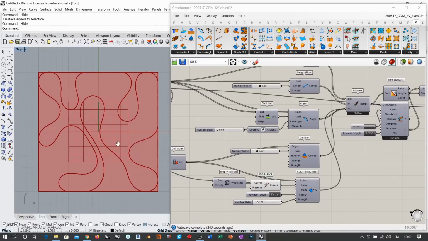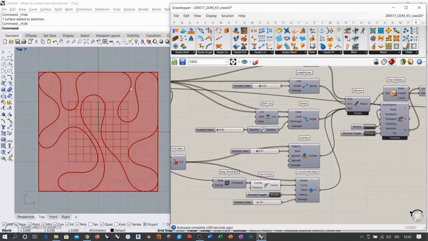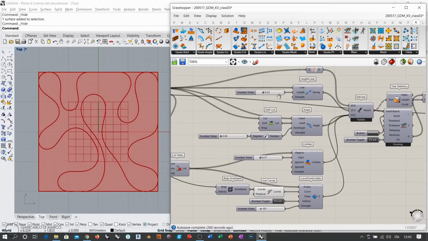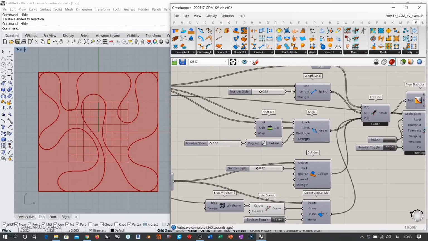What about the other goals? So you see that, for example, the fact that we set a zero angle and we get this kind of curvature here is because this angle here is not strong enough. Also, we are saying that these springs must reach a length of 0.23. This is something that actually can happen because we have no other boundary than the outer border of our surface.